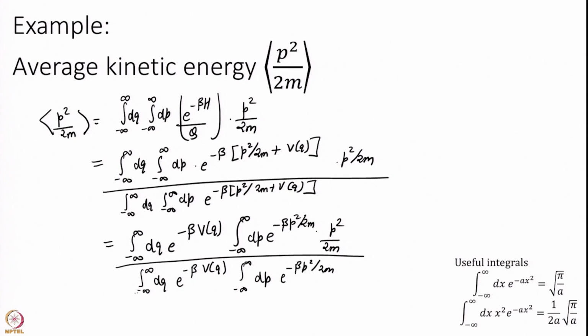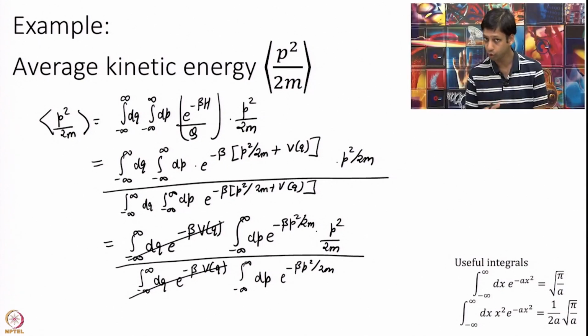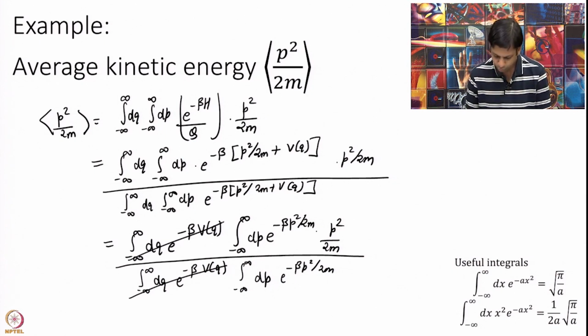So, the first thing that you notice is that the potential term exactly cancels. So, my gas might even be interacting, it might be hydrogen, it might be whatever gas you want, even water vapor, the potential term will exactly cancel. And so, we have to solve these nasty integrals that are here.